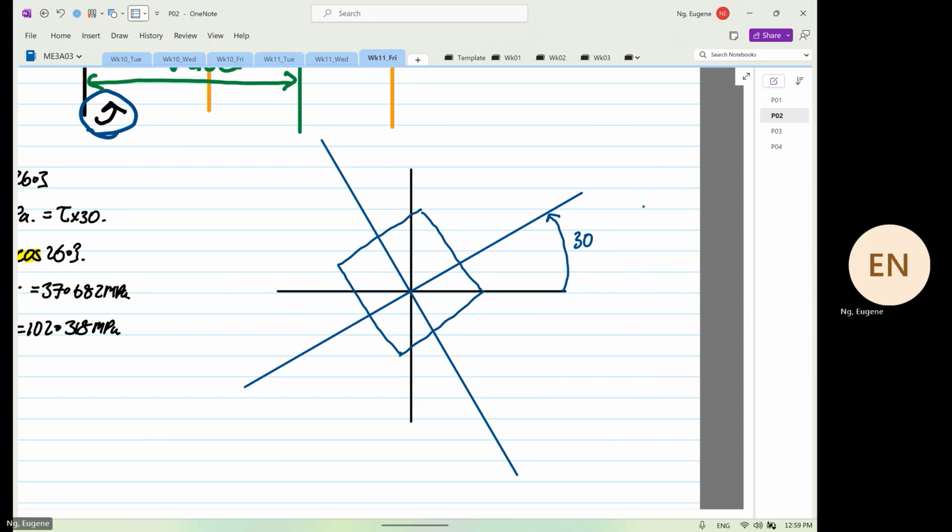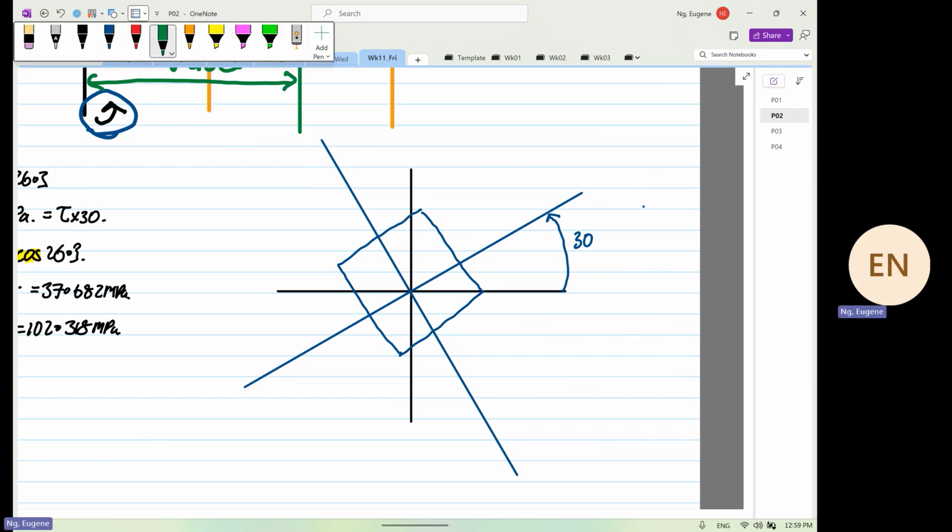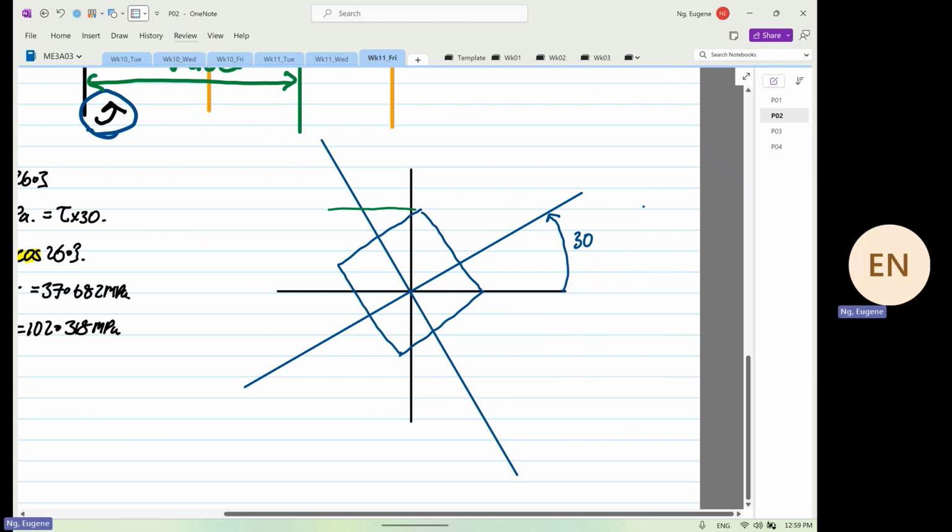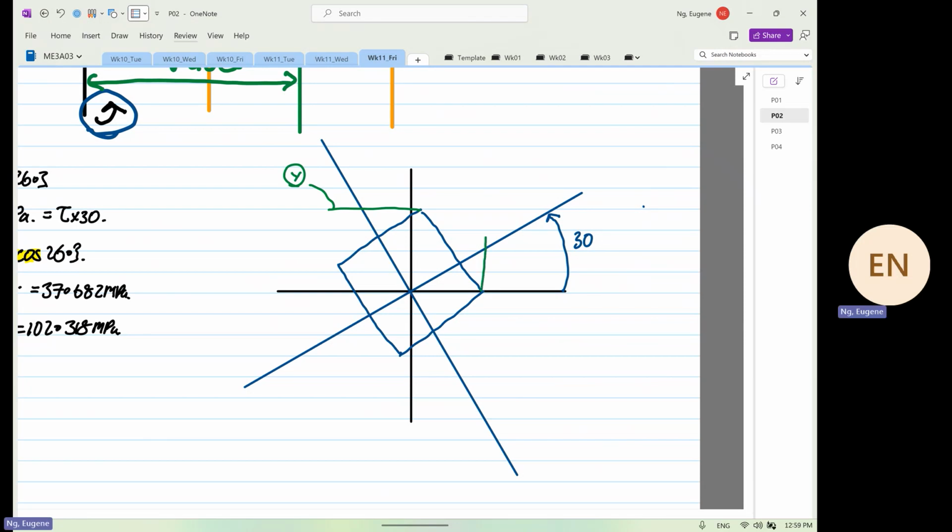Okay. Then from here, I would like you all to sketch where is your Y30. So sorry, this is your point Y. And this is your point X. Point X. Point 30. Yeah, Eugene, come on. This is your point X. Okay.